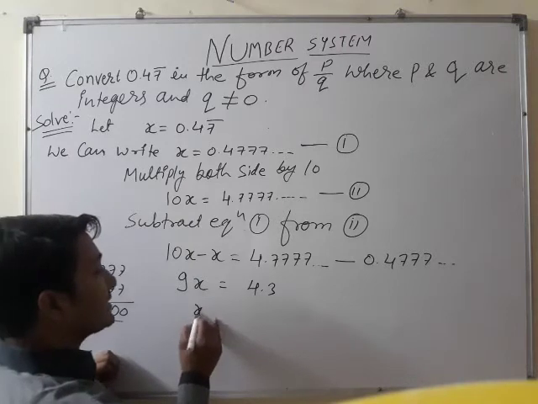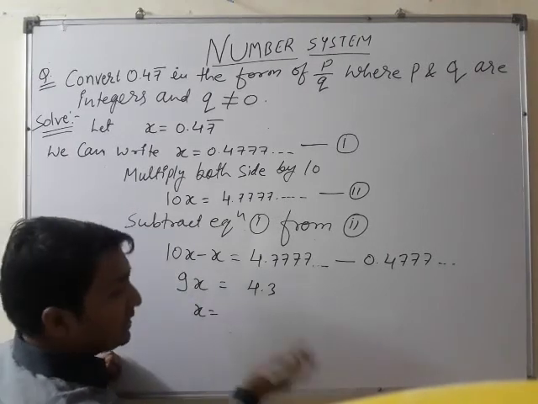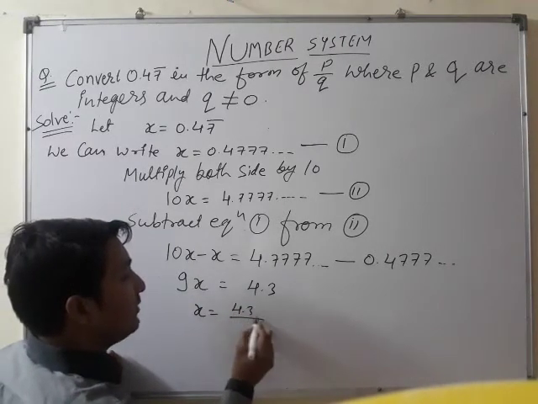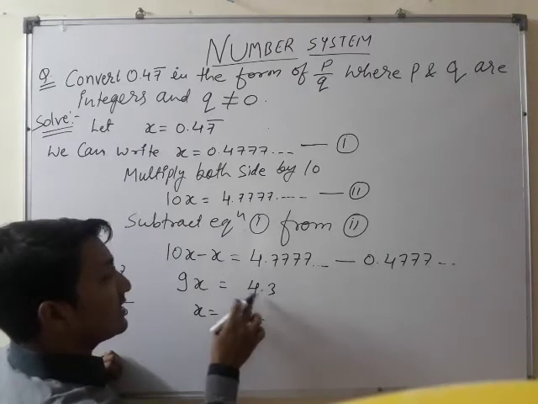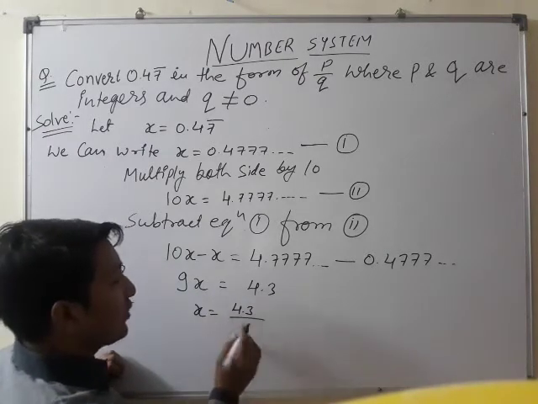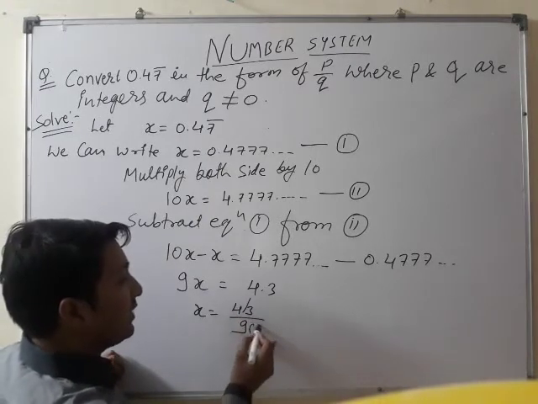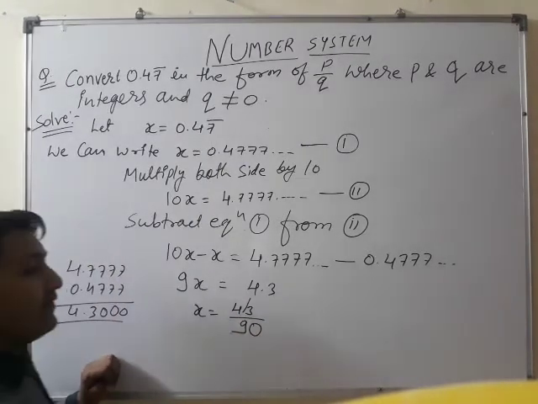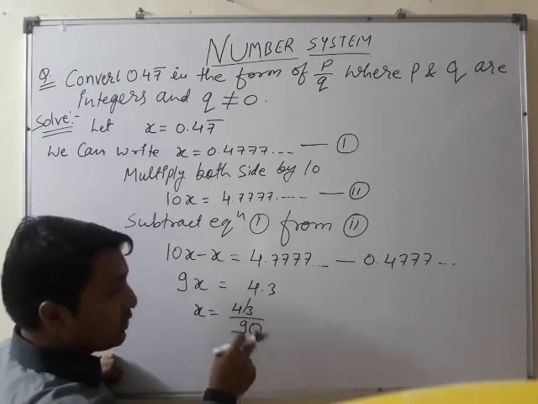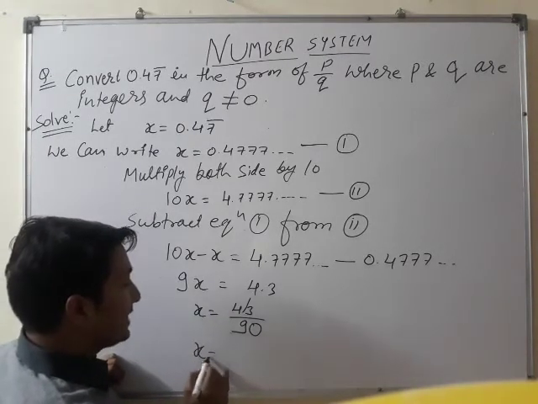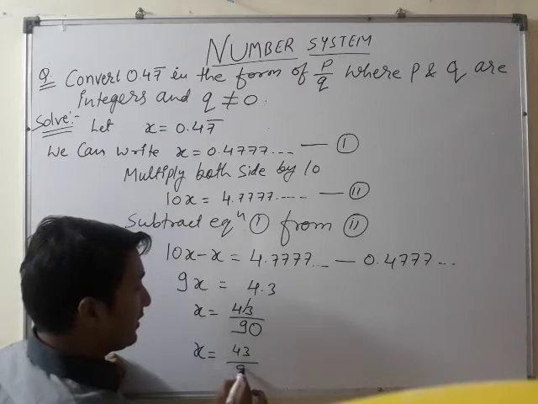Now x is equal to this. 9 will shift to the denominator because it is in multiplication. So 9x is equal to 4.3, x is equal to 4.3 upon 9. When you remove the decimal, 0 will come in the denominator. So our answer is x is equal to 43 upon 90.